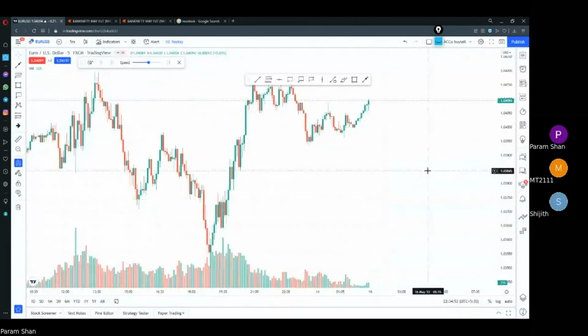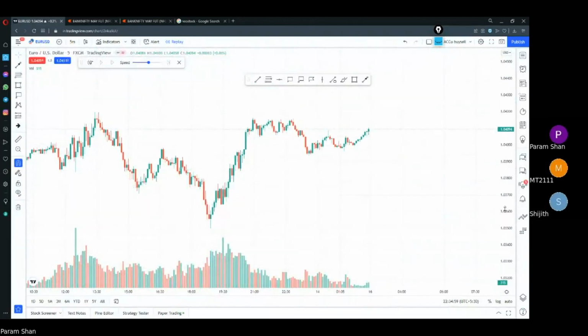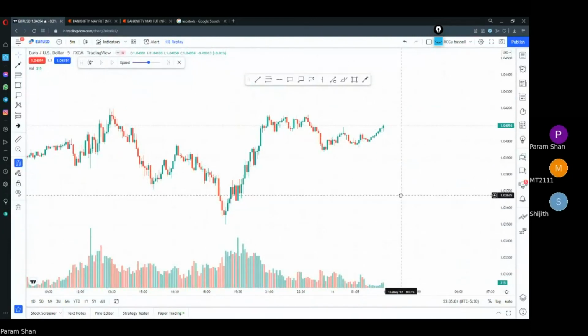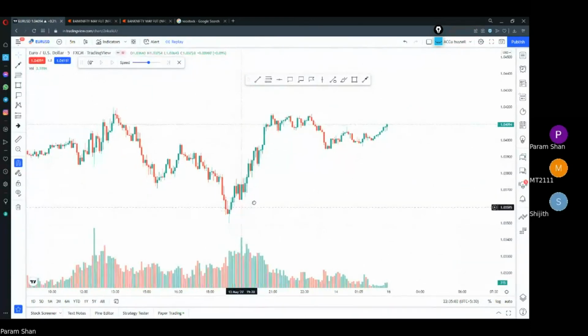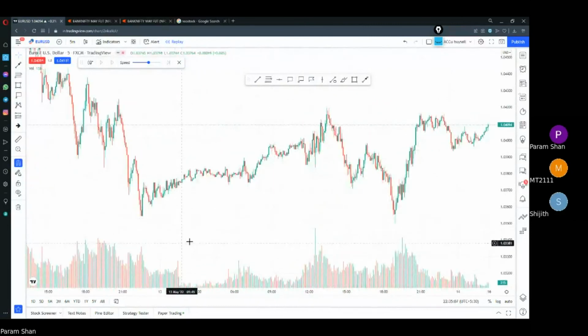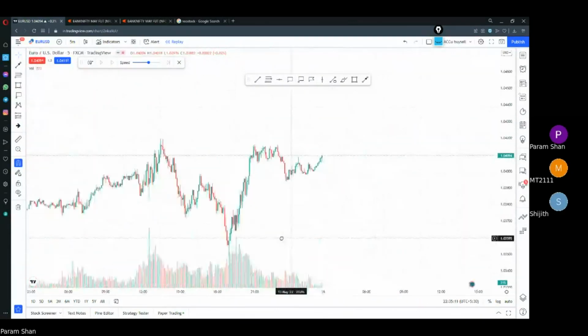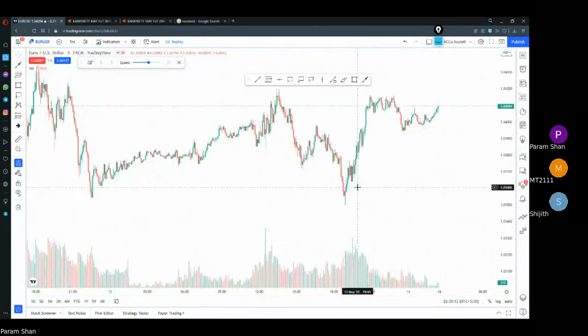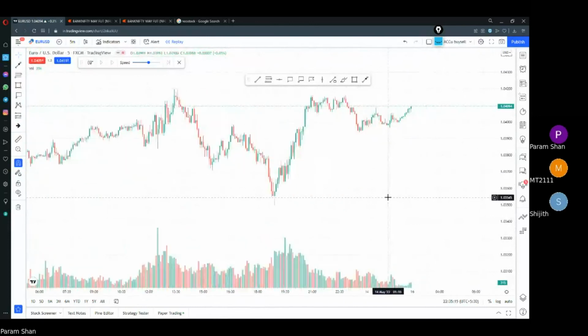Currency, okay, it looks like it's not a trading hour. Otherwise, we can try now also. Because currency is kind of continuous trading, you will have it for 24 hours, I'm not sure exactly, but you will not have kind of a trading gap. But anyway, it's not happening. But when it is happening, you can directly come here.